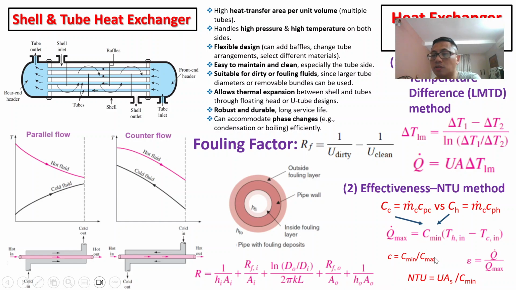Okay, and also the ratio of the C to get the right correlation to find the effectiveness and also the NTU value. Okay, so usually we use log mean temperature difference when we have the temperatures at the inlet and outlet. Okay, when we don't have the outlet temperature, for example, it's more convenient to use the effectiveness-NTU method.